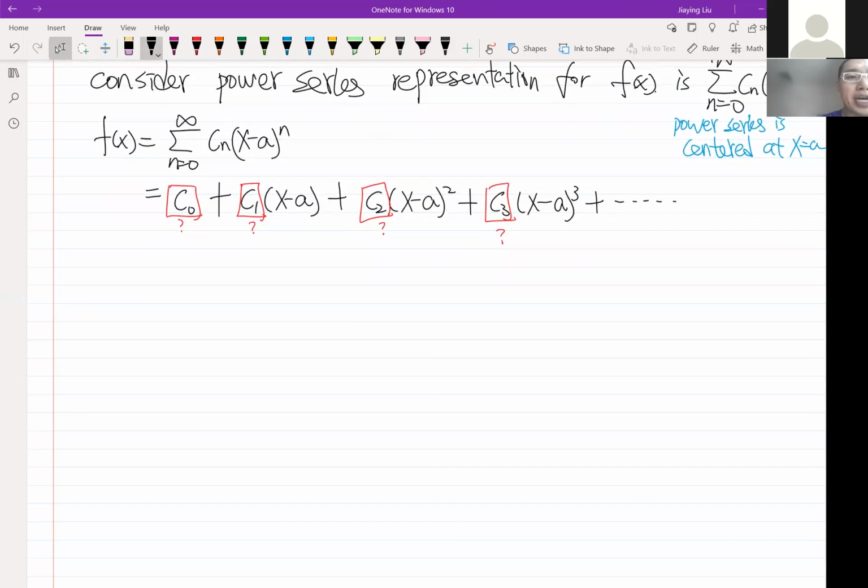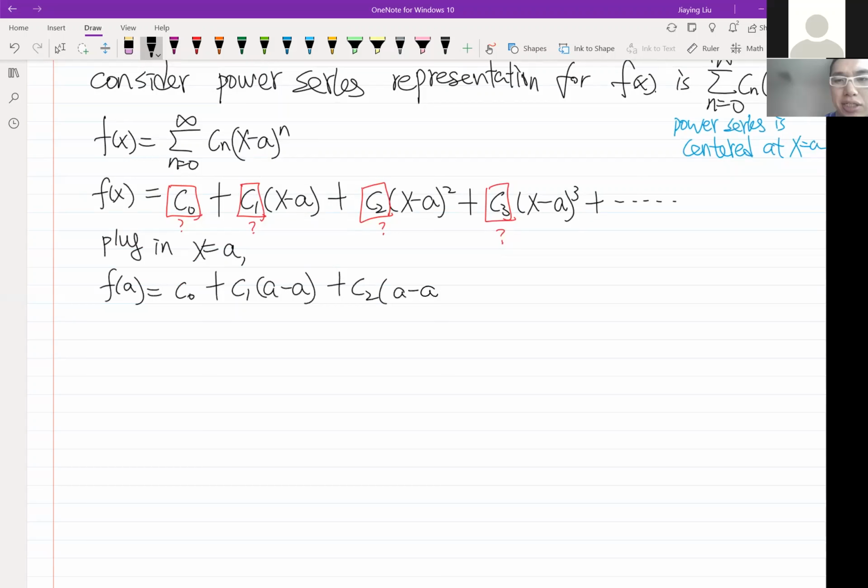The trick they use is that, suppose we have f of x in this expansion. If we plug in x equals a, we get f of a equals c sub 0 plus c1 (a minus a), which is 0, plus c2 (a minus a) squared, plus c3 (a minus a) cubed.